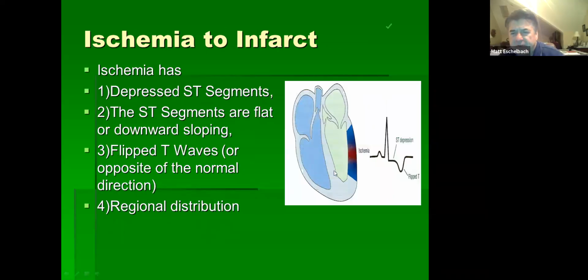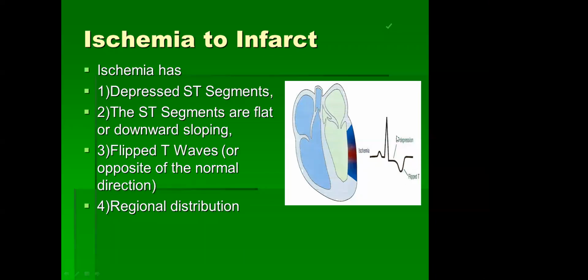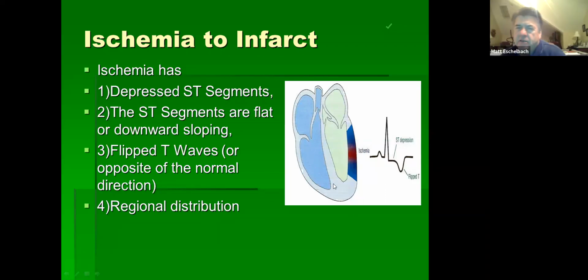Ischemia has a few things that are very common. Number one is some ST depression, and the ST segments become flat or downward sloping like this. Flipped T waves, remember that T waves are usually upright, now are flipped, and this is also an indication of ischemia.